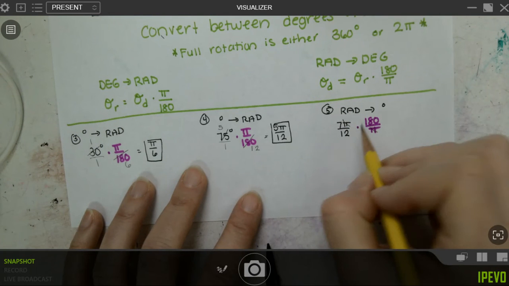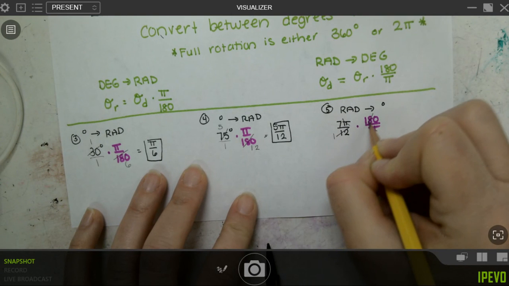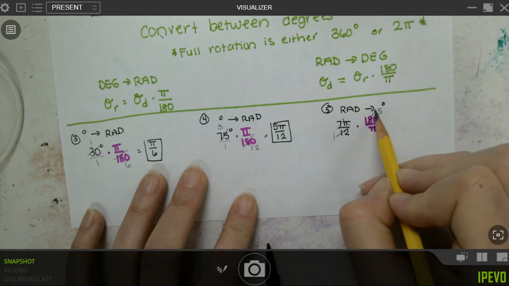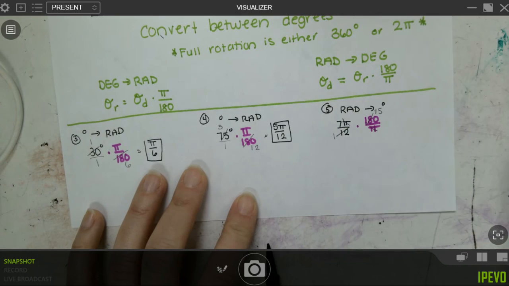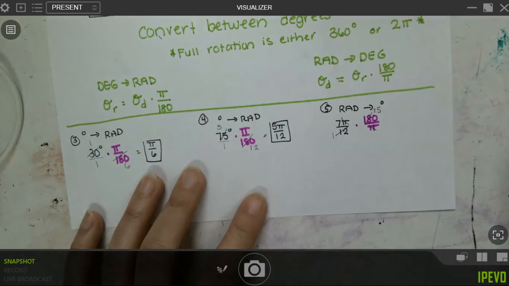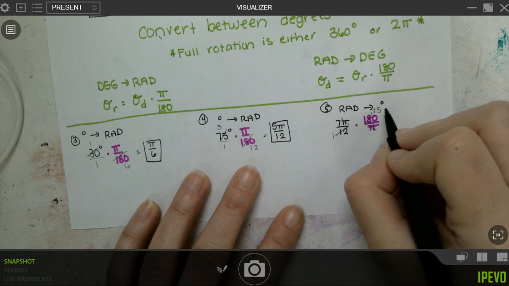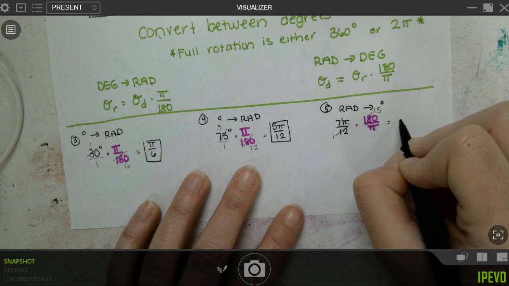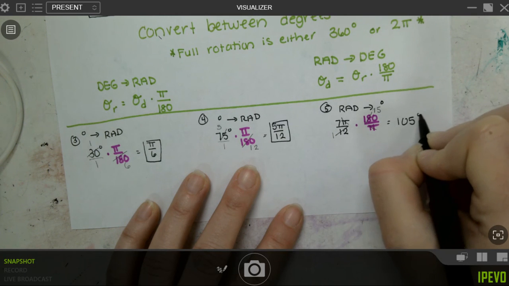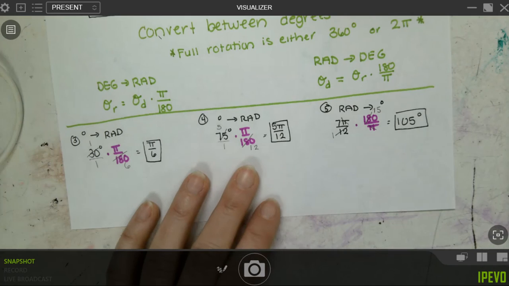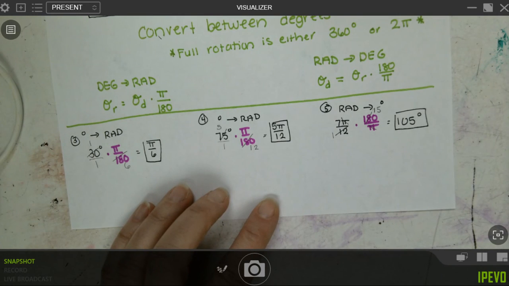And we can simplify our, oops, that should be 15. I don't know why I put 5. We can simplify our fraction, and then we multiply. 7 times 15 is 105 degrees. So 7 pi over 12 is equivalent to 105 degrees.